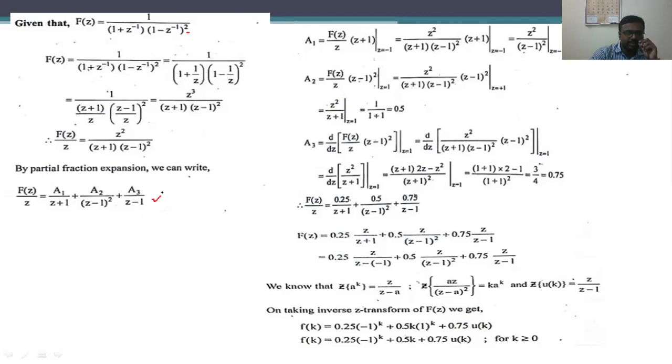We have to represent this particular equation this way because in this equation we are going to observe the repeated poles. So in order to obtain the values.